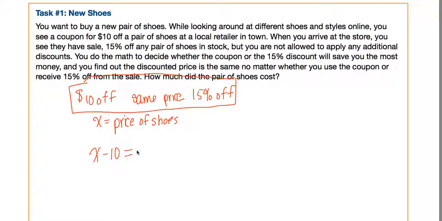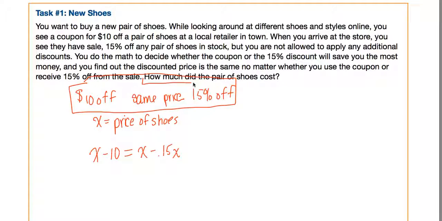But we know that's equivalent to if I take 15% off. A lot of people want to do X minus 0.15. That is not correct, because that is the price of the shoes minus 15 cents, essentially. What you want to do is take 15% off the original price. So you have to multiply the original price by 0.15 to get 15% of that, and then take it away from X.